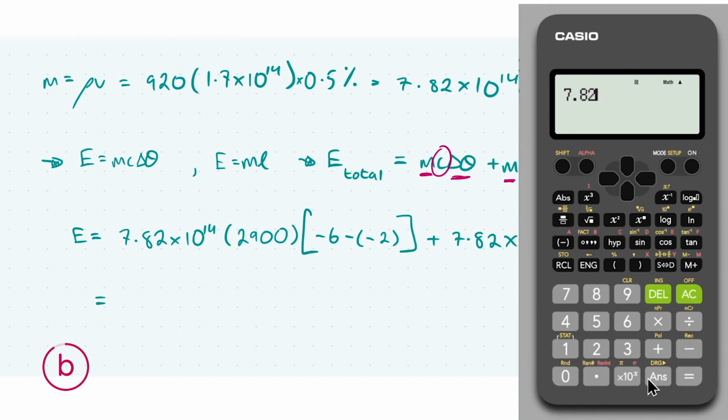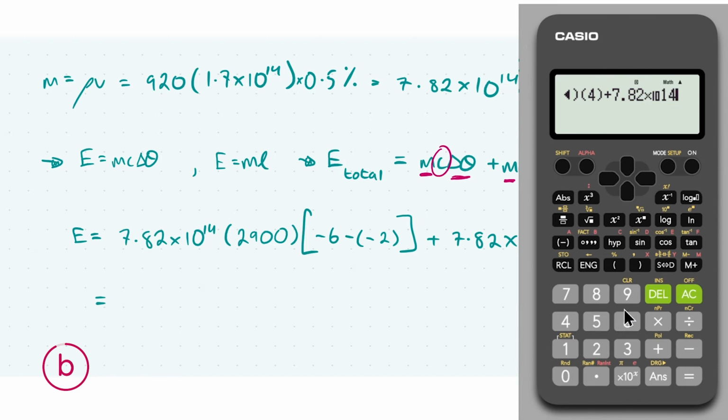So bringing up our calculator, we're going to fill in everything that we know. We're going to have 7.82 × 10^14. We're going to multiply that by this 2,900, which is our specific heat capacity of glacier ice, and then multiply it by our change in temperature. The change in temperature would be -6 and -2, if you just want to do it in your head, or you can put it into your calculator, and that change in temperature is 4.